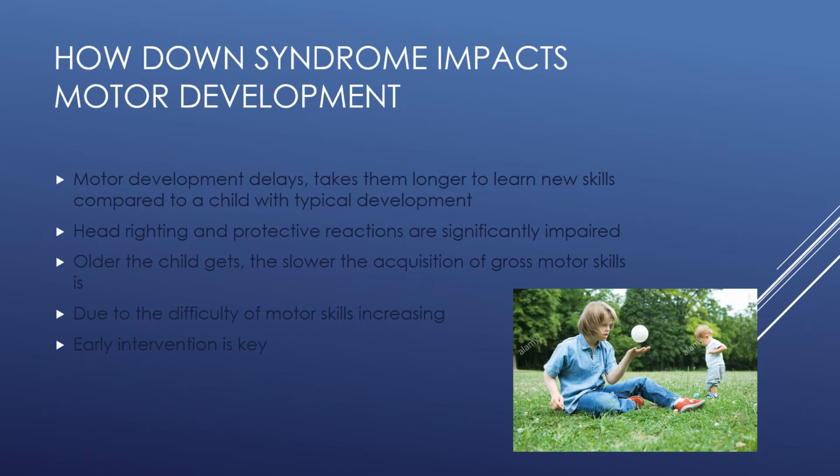It is indicated that because the delay begins to grow larger between children with typical development and those with Down syndrome in relation to motor skills development, the earlier a child receives intervention, the better chance they have at reaching milestones with minimal delay.